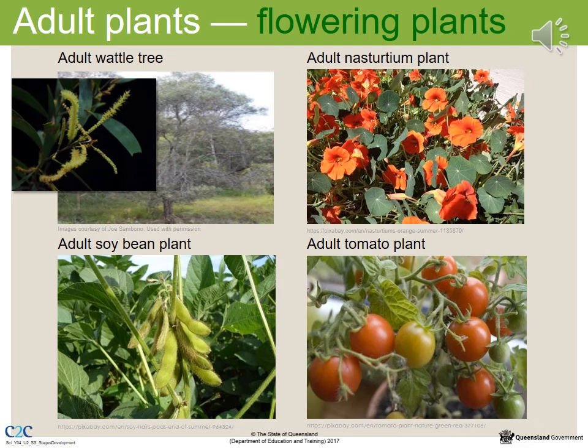Now the beans come once the flower has been pollinated, and they turn into the fruit, which in the soybean is the soybeans. And in the tomato, it started with flowers. They were pollinated by some bees, and once that's happened and the flower's no longer there, then the little fruits can grow.